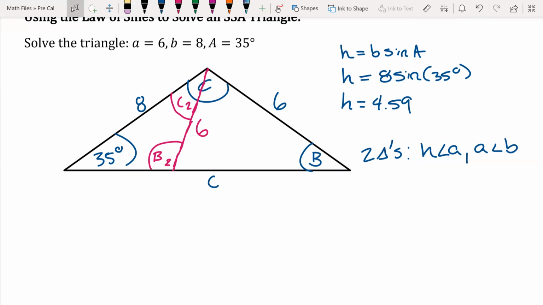Where would the third one be? Oh, right there. I think you can't consider that, because if you're saying you have 3 triangles, then you would be saying that this side is also 8, when it's actually how long? 4.59. It's 6. Oh, yeah. It's not the height. Height would be straight down.